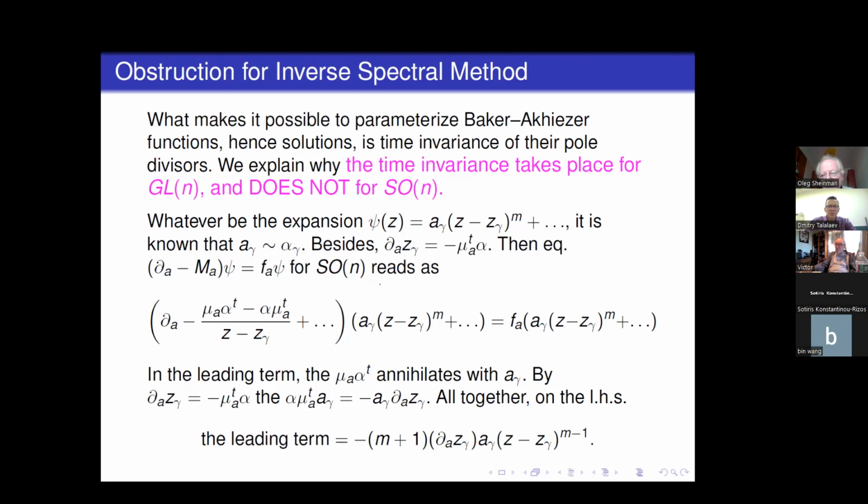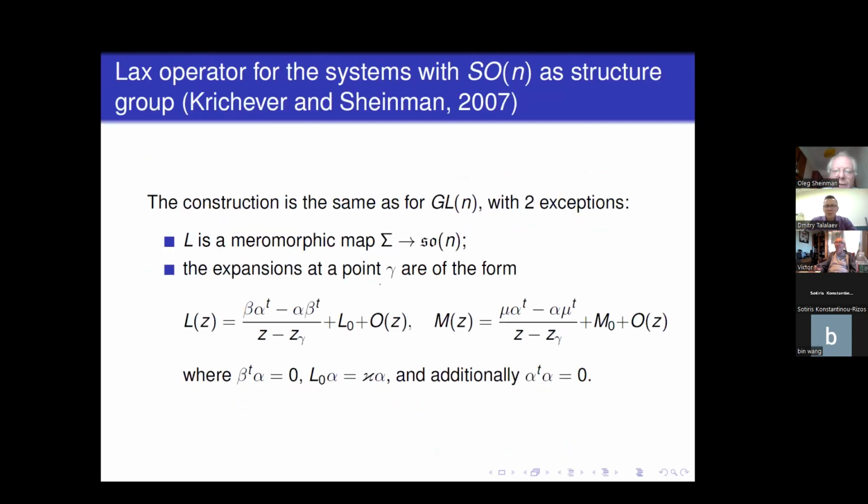Oleg Karlovich, could you return to the previous page? Alpha transpose alpha, yes. It's not given that alpha is 0? No, it's complex. It's just a codimension 1 condition.